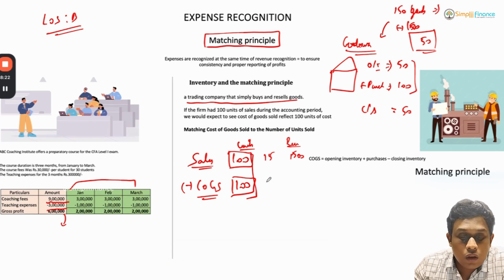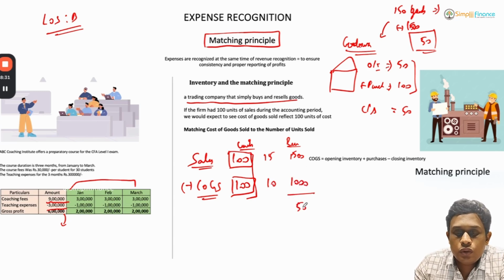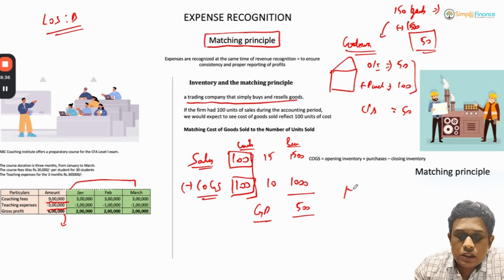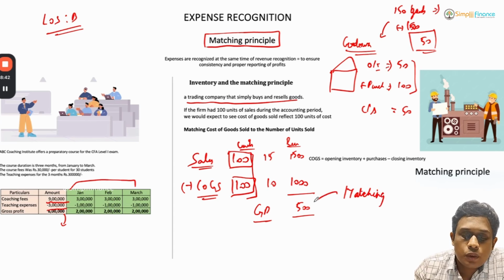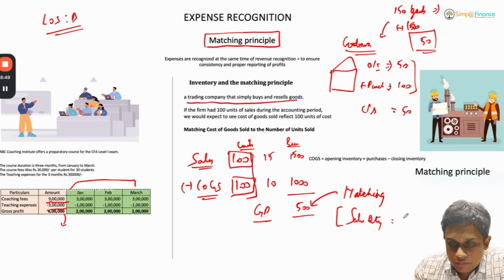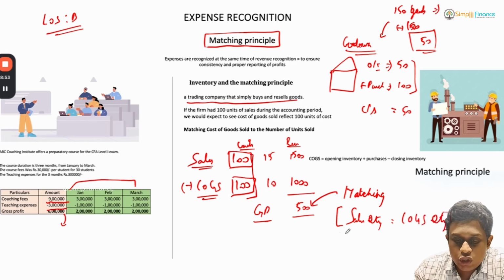So here let's say the cost of these goods which were sold was 10 rupees. So this had a cost of 1000, but you sold it for 1500. This leaves you with a gross profit of 500. So the matching principle is what is used for you to understand the gross profit perfectly, because the sales quantity and the COGS quantity should always match.